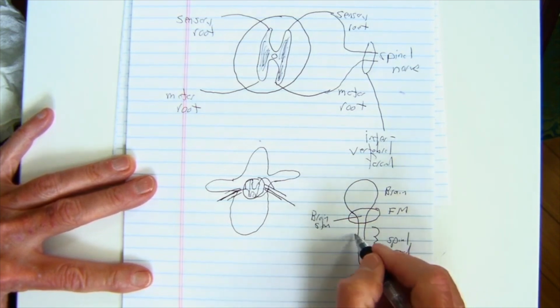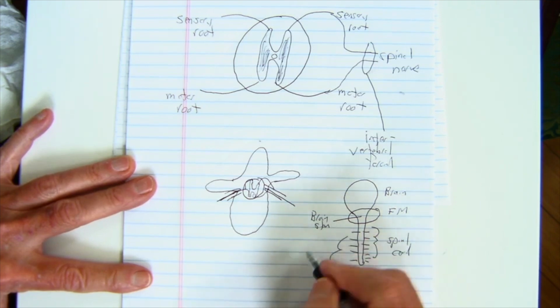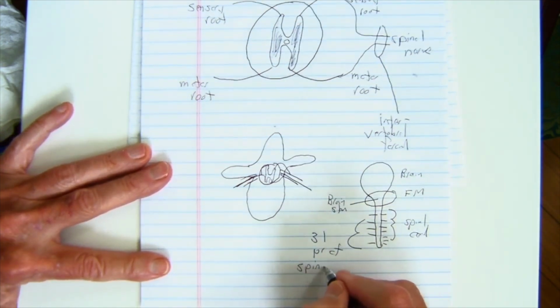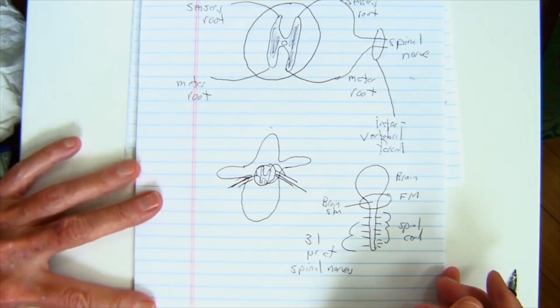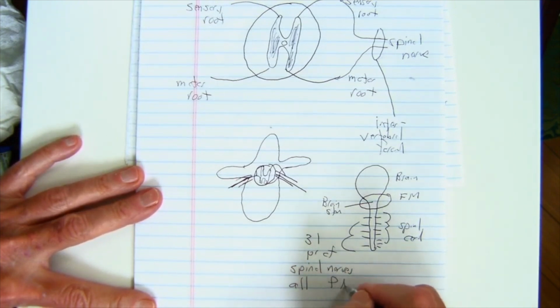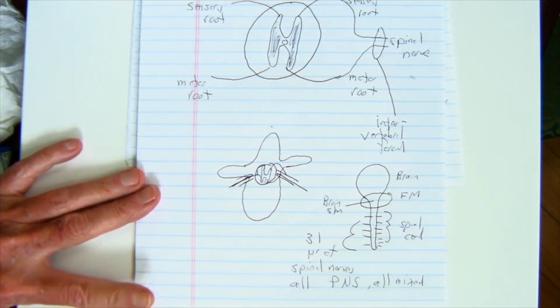And you're always going to see coming off of that spinal cord, and I'm not going to draw all of them in here, these 31 pair of spinal nerves. And those 31 pair of spinal nerves are all PNS, they're peripheral nerves, and they're all mixed, which means they're motor and sensory.